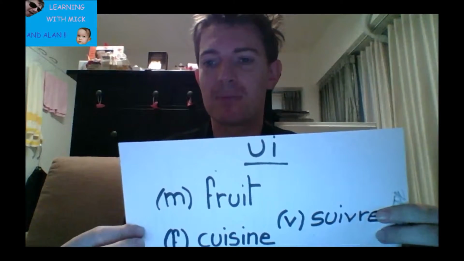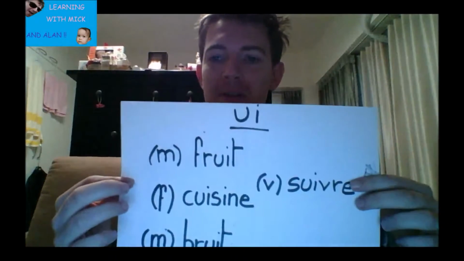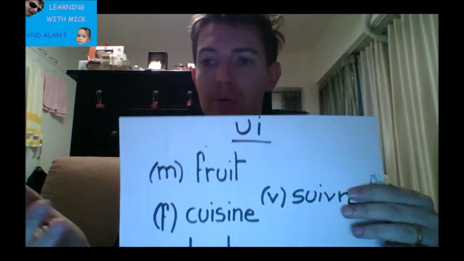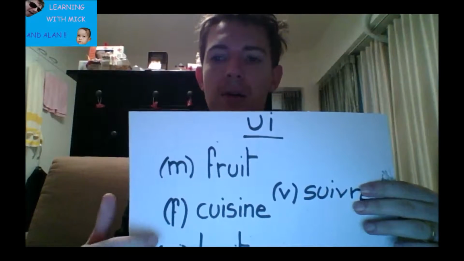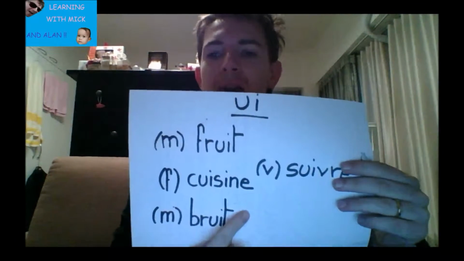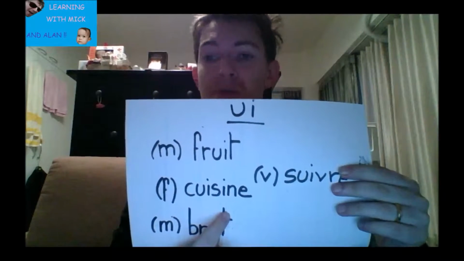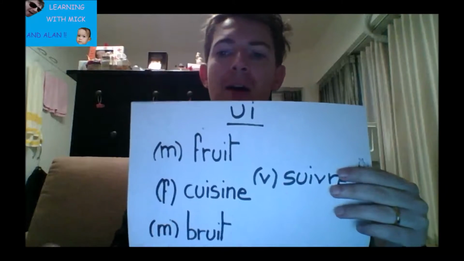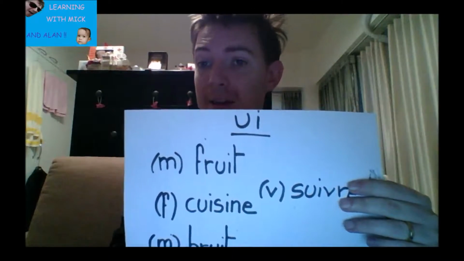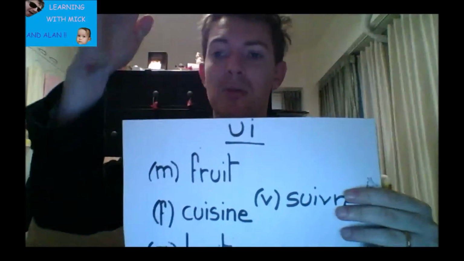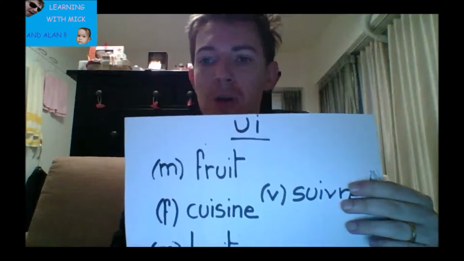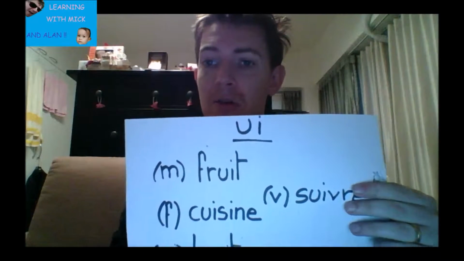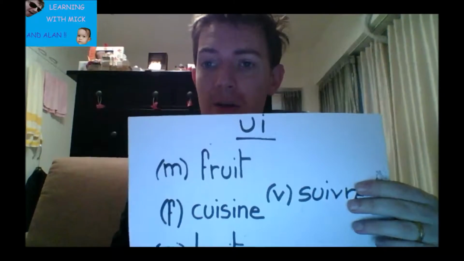Cuisine. So you still have the ui, cuisine. And because there's an e at the end of the word after the n, it's not pronounced like that, it's cuisine. And unlike in English, where you would say cuisine with a high tone at the end, in French there's no such thing. So it's a single tone for the entire word, cuisine.